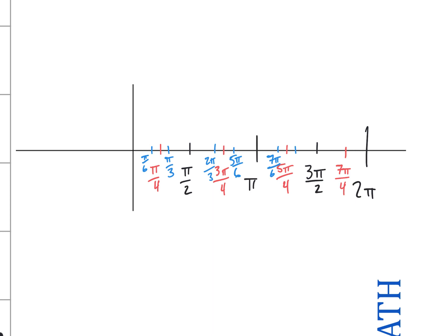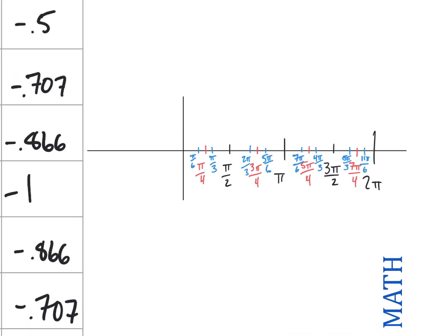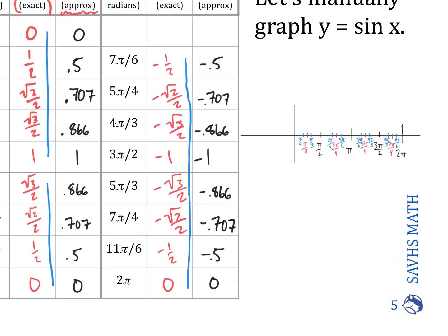This would be like 4 pi over 3, this would be 5 pi over 3. And then this would be 11 pi over 6. So these are a little bit tricky, but there we go. So now I have my x-axis labeled.